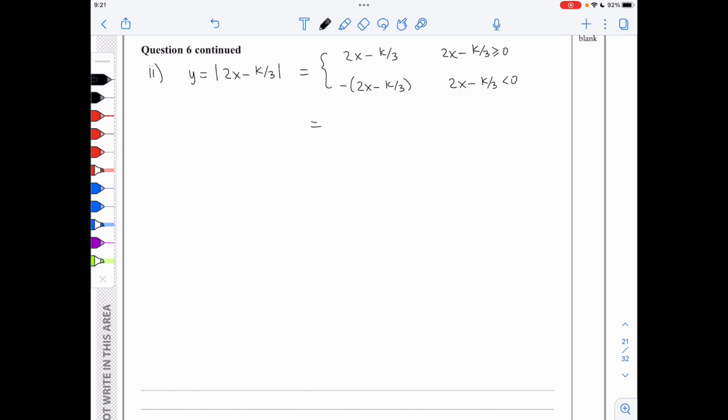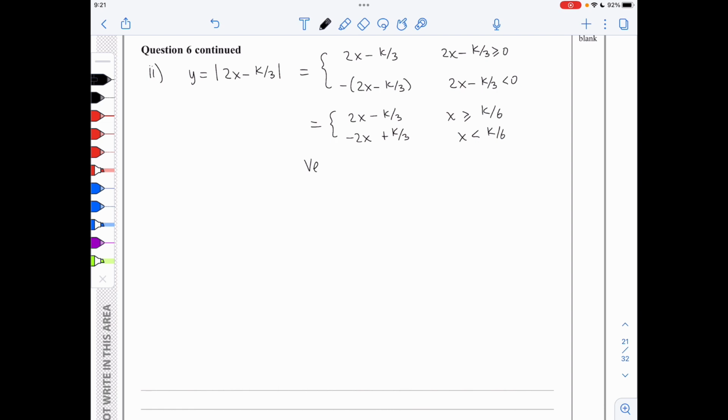So this can be simplified into (2x minus k) over 3 if x is greater than or equal to k over 6, or (minus 2x plus k) over 3 if x is less than k over 6.